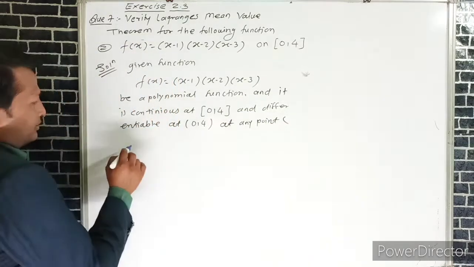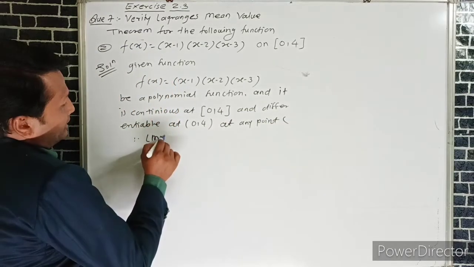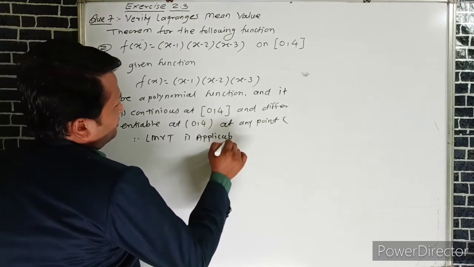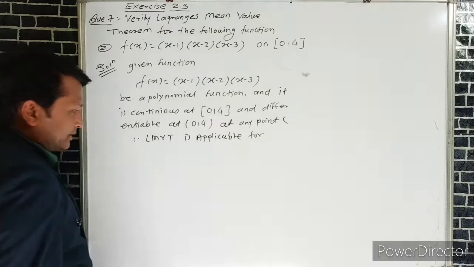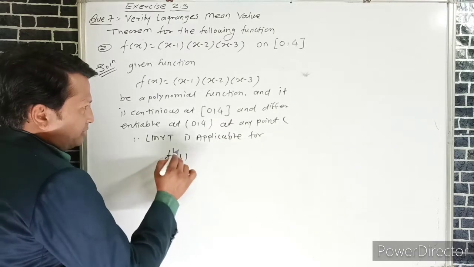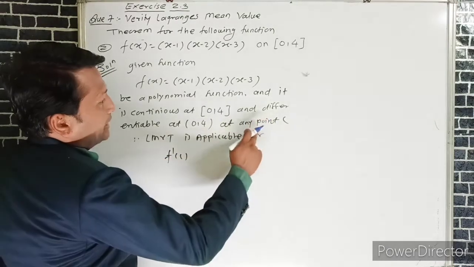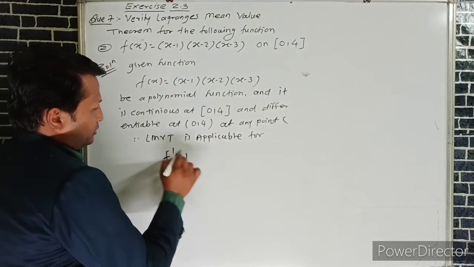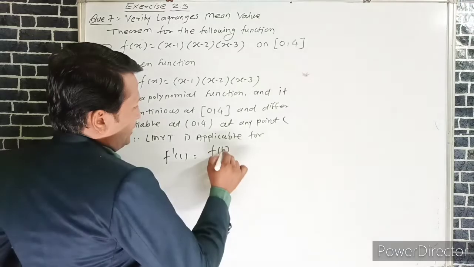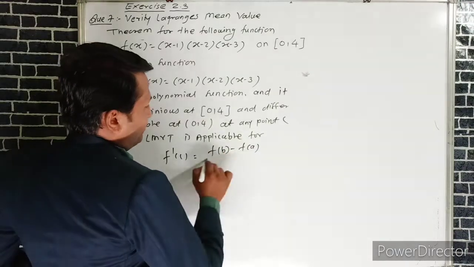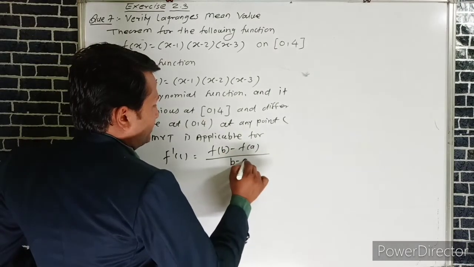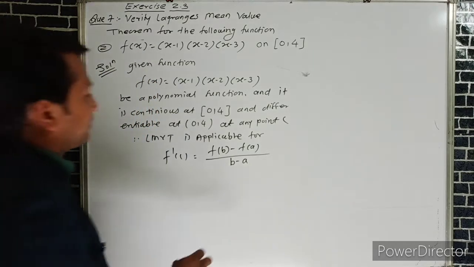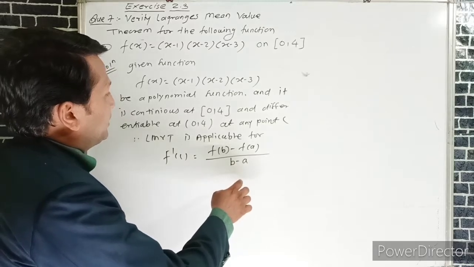Therefore, Lagrange's mean value theorem is applicable, and we can write f'(c) at x equals c, at any point c, is equal to (f(b) minus f(a)) upon (b minus a).